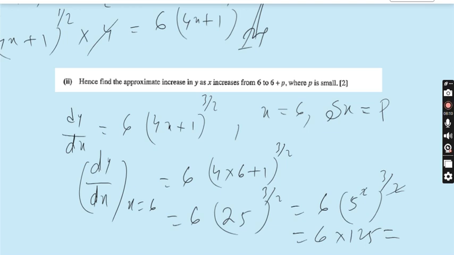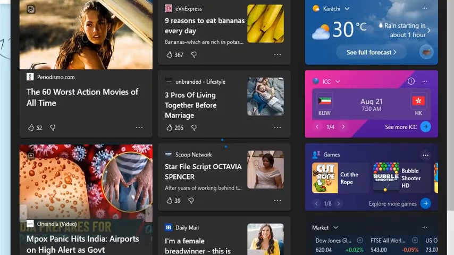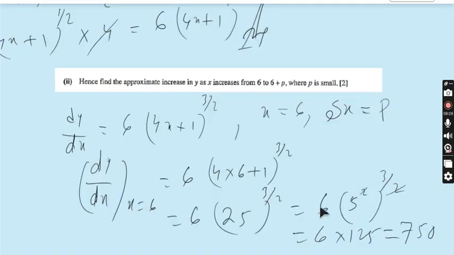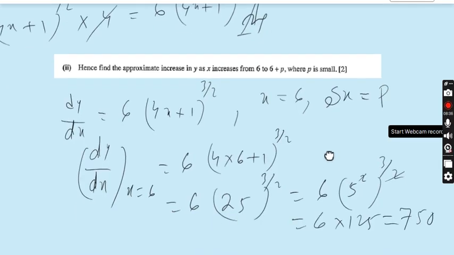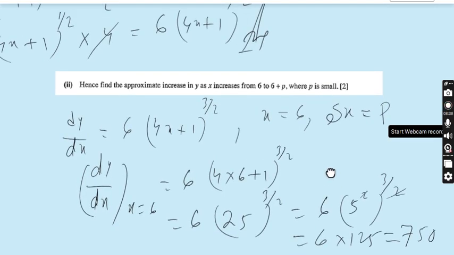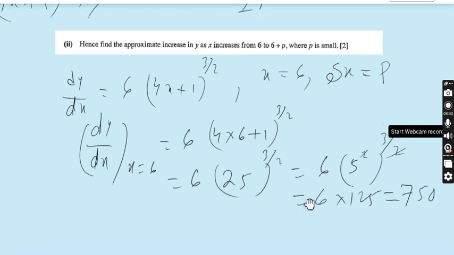And what is the answer of 6 multiplied by 125? It is 750. I am checking again, is there any mistake? 4 6s are 24 plus 1 is 25. Yes, no mistake.